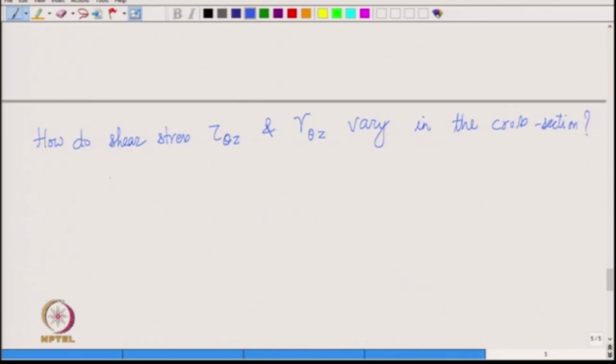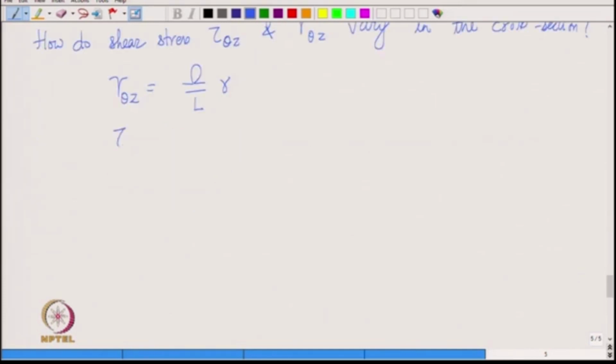So, we just saw that gamma theta z is equal to omega over L times r, correct, whereas tau theta z is then G times gamma theta z, and that becomes G into omega over L times r. So, you see that both of them vary linearly with the radius.